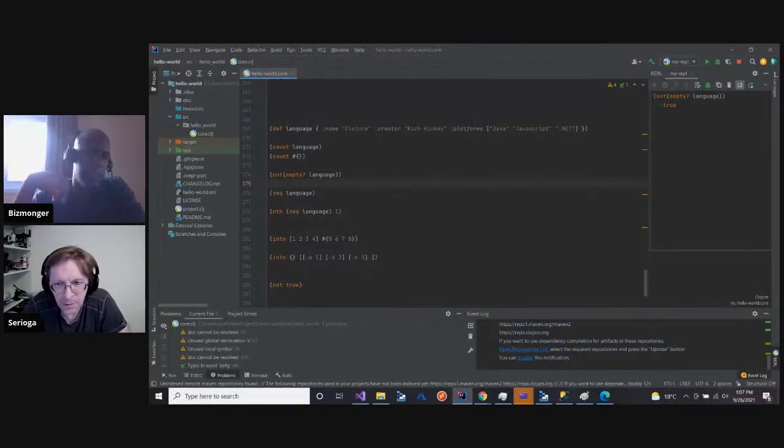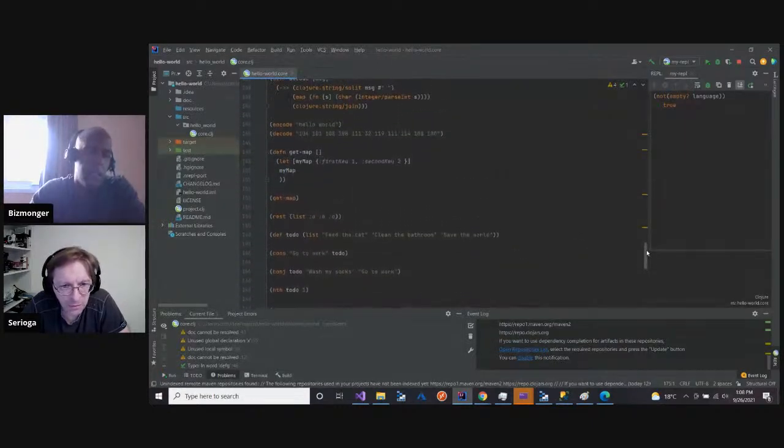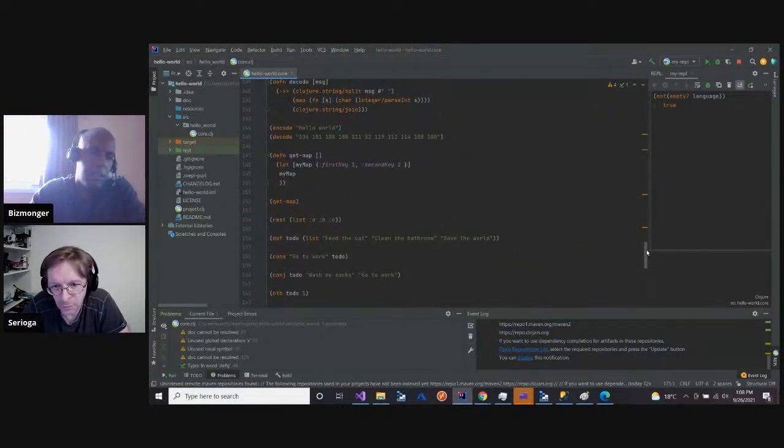If you want, you can work directly with Java interfaces which implemented these abstractions, like IPersistentCollection. So there are Java interfaces, and you can work with them directly.